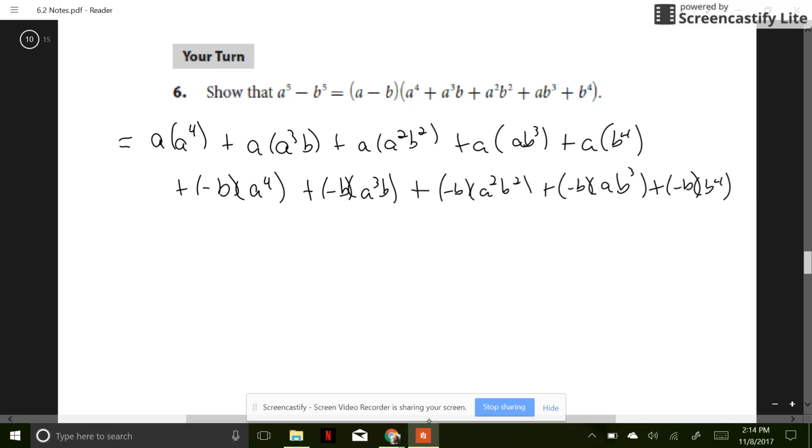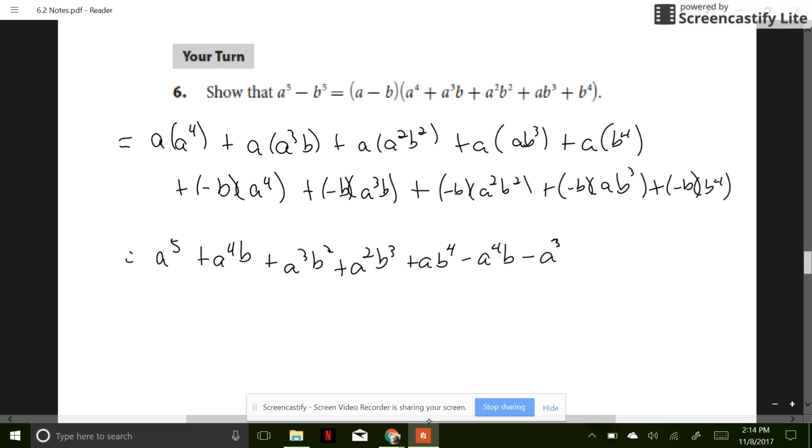So you'll notice we come up with a to the fifth plus a to the fourth b plus a cubed b squared plus a squared b cubed plus ab to the fourth minus a to the fourth b minus a cubed b squared minus a squared b cubed minus ab to the fourth minus b to the fifth.